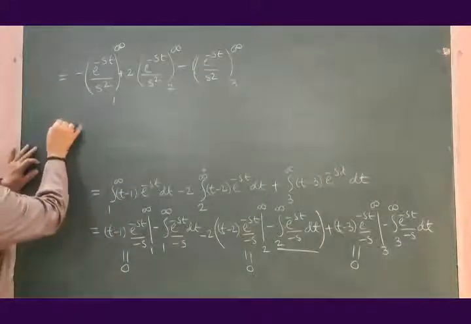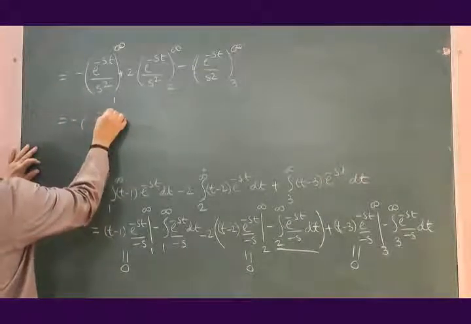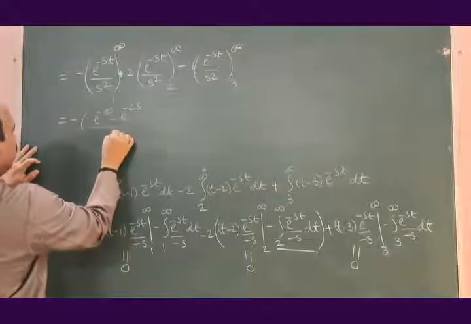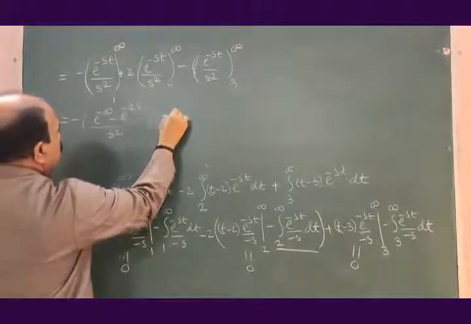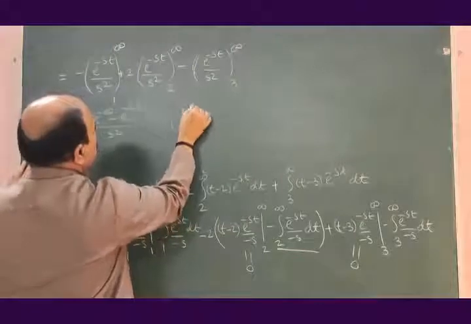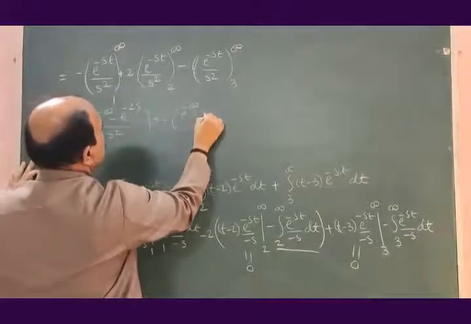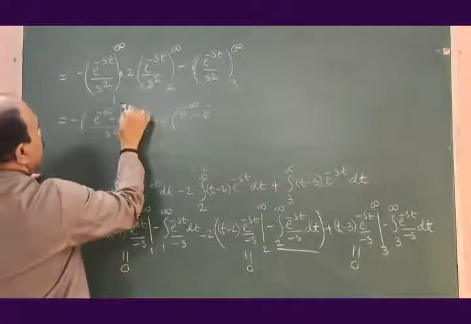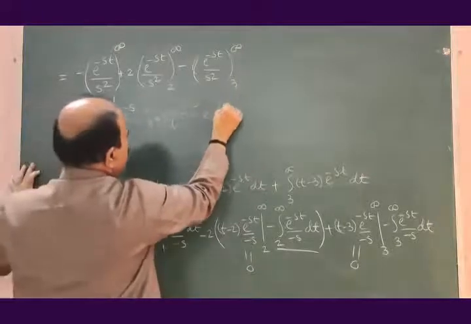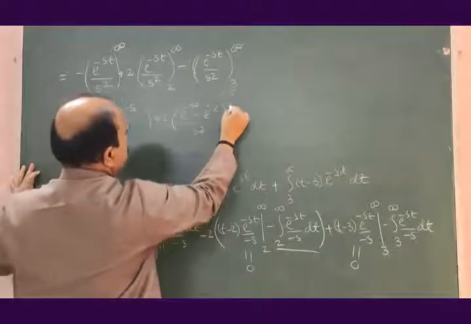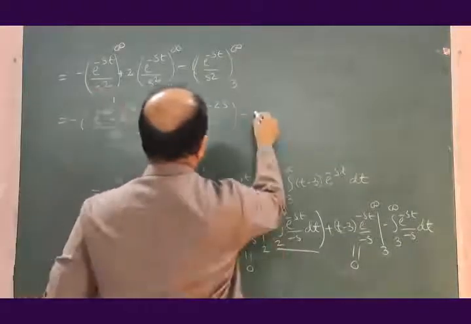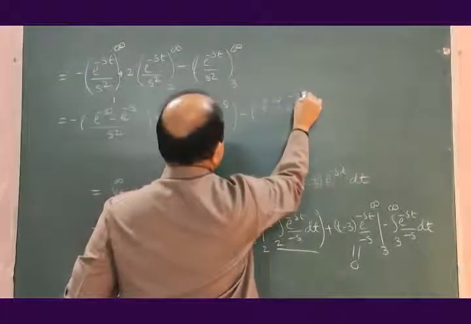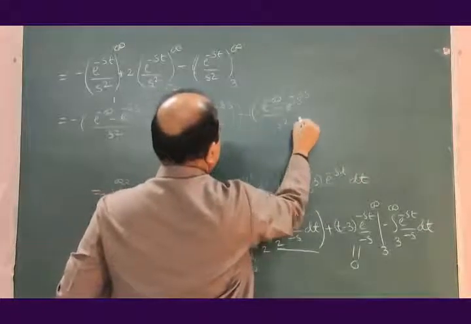This is equal to minus e to the power minus infinity minus e to the power minus s divided by s square, plus 2 into e to the power minus infinity minus e to the power minus 2s divided by s square, minus e to the power minus infinity minus e to the power minus 3s divided by s square.